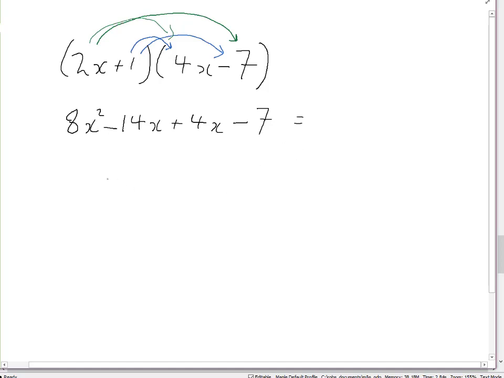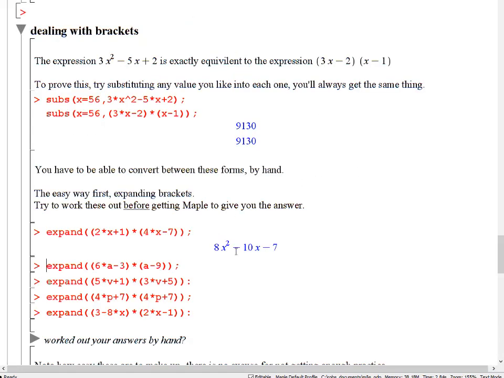Okay, so that's expanded the brackets. You should also simplify because you can combine these two together. So you have 8x squared minus 14x plus 4x is minus 10x, and then minus 7. So that's the final answer. So hopefully 8x squared minus 10x minus 7 is the same thing that we calculated.